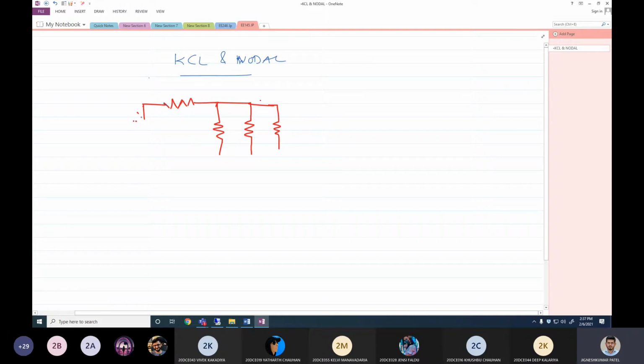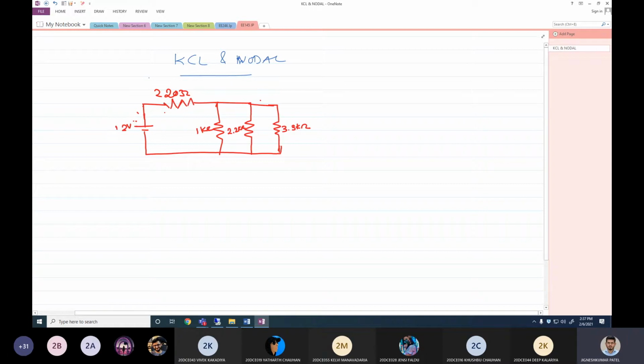So see, this is the circuit on which I'm going to perform. There are mainly 3 resistors in parallel and one in series with that. The resistances are 220 ohm, 1 kilo ohm, 2.2 kilo ohm, and 3.3 kilo ohm, and the supply is 12 volt.